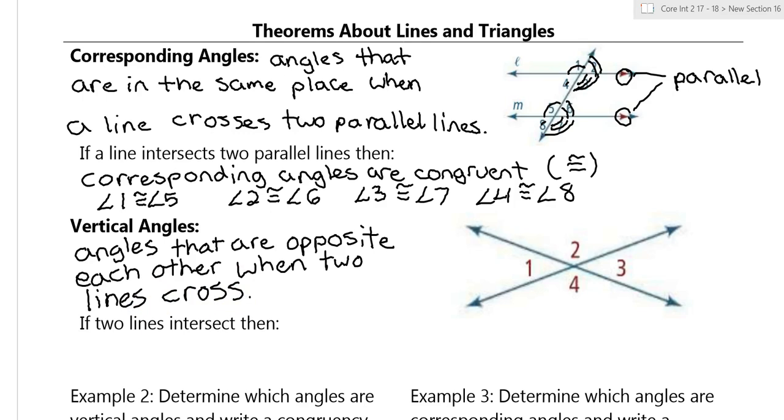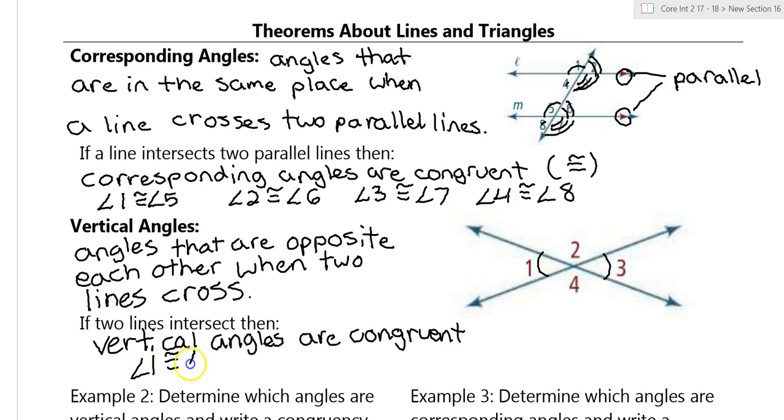Okay. So, again, if two lines intersect, then vertical angles are also congruent. So in this case, angle 1 and angle 3 are opposite each other. Angle 2 and angle 4 are opposite of each other.